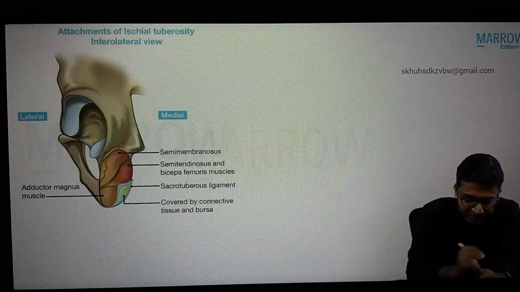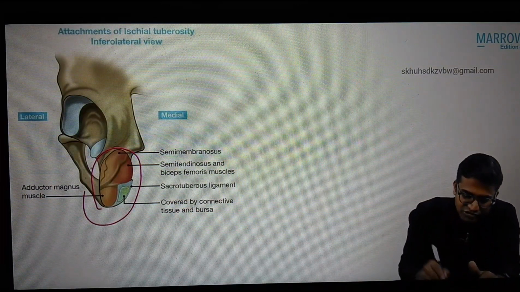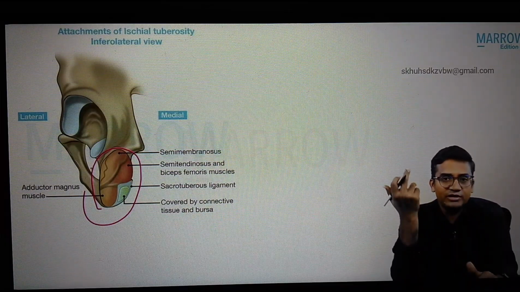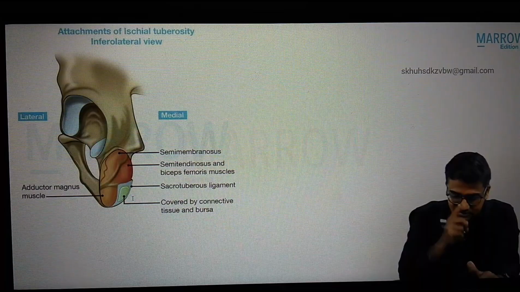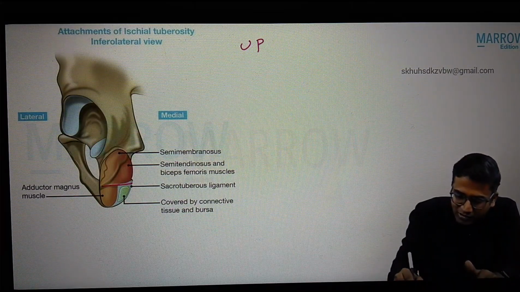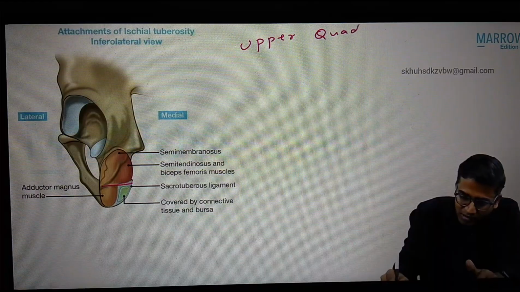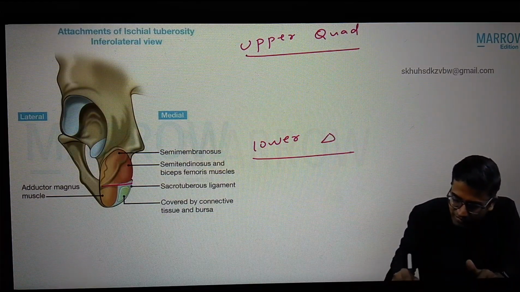Now, see the diagram. In this diagram, we are seeing the ischial tuberosity, which is the origin point for the hamstring muscles. The ischial tuberosity is divided into an upper quadrilateral part and a lower triangular part.